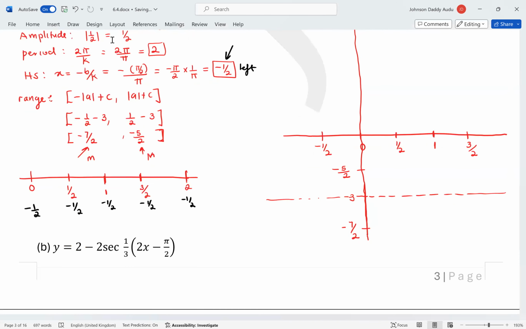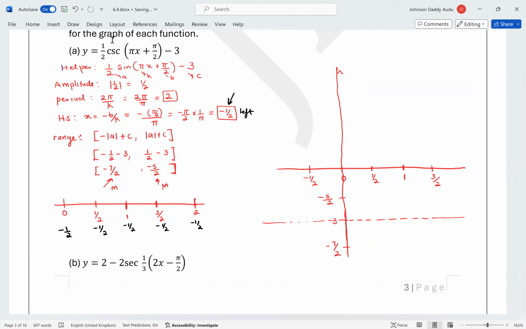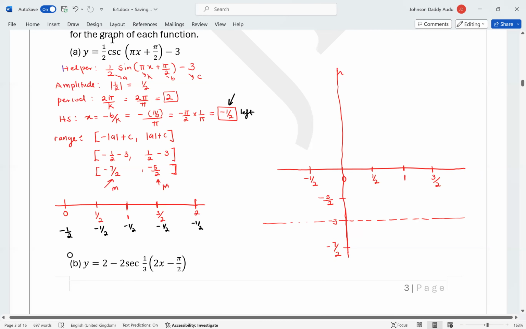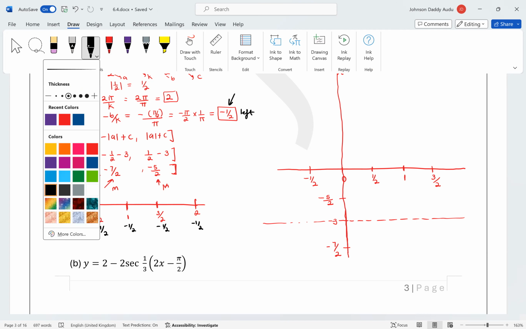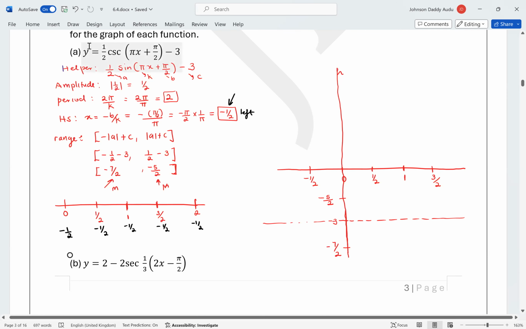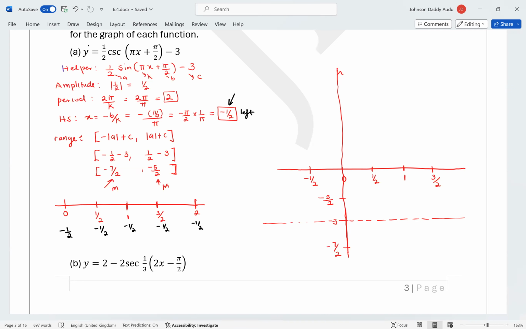Now I think we are ready to sketch this. Remember, we are sketching the graph of sine, so we start from the baseline. Minus half is our starting point, so at minus half we are on the baseline, which is minus 3. Moving forward to 0, we go to the maximum, since there is no reflection.